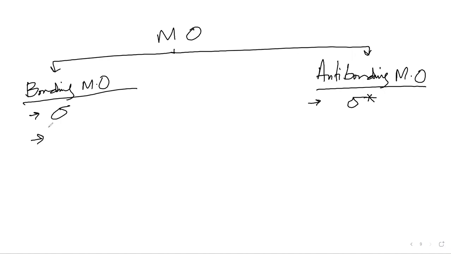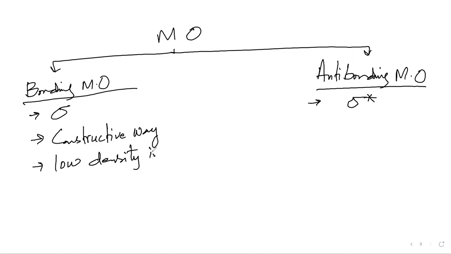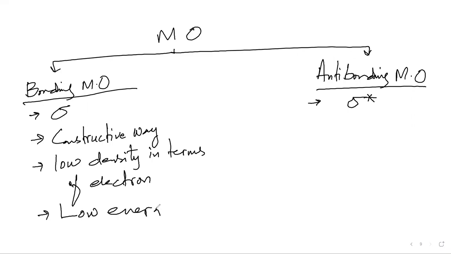This bonding molecular orbital is formed in the constructive way, and it has high electron density. Bonding molecular orbitals have low energy, which is known as low energy molecular orbitals.